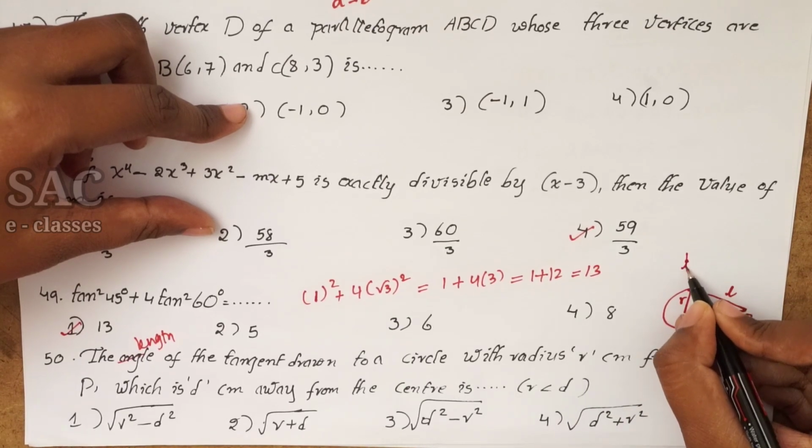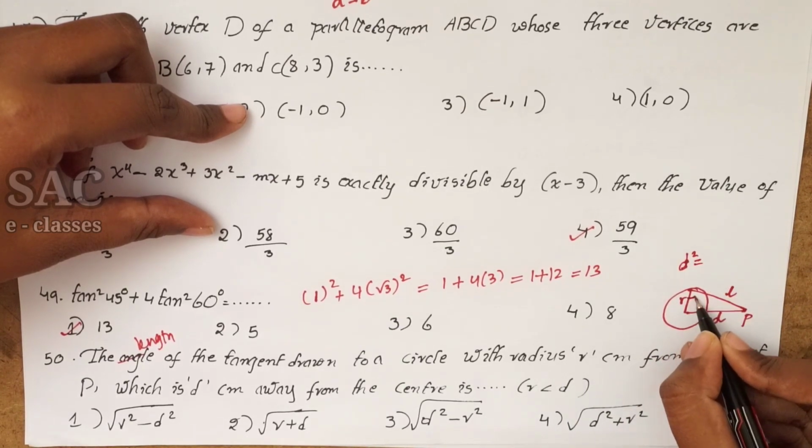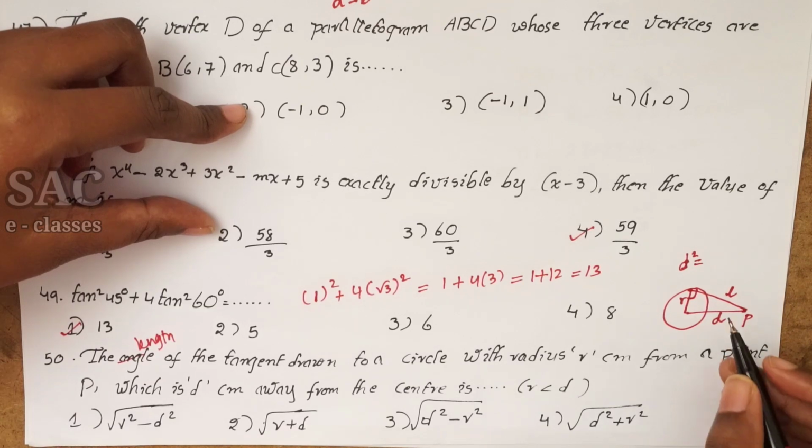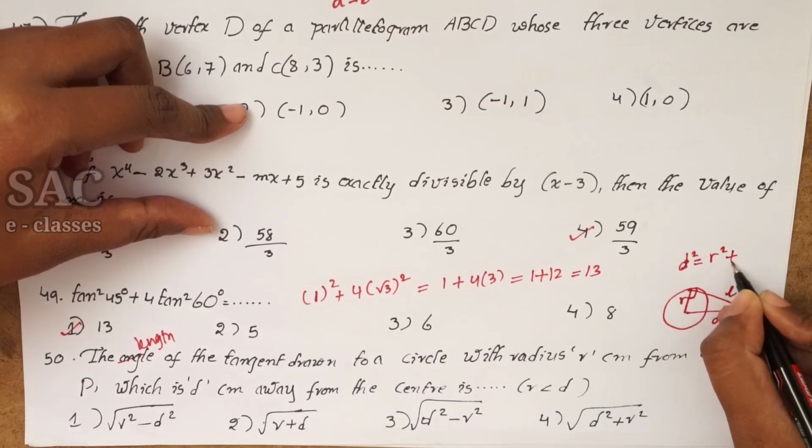We know that d square is equal to r square plus l square, as the tangent makes 90 degrees with the radius at the point of contact.